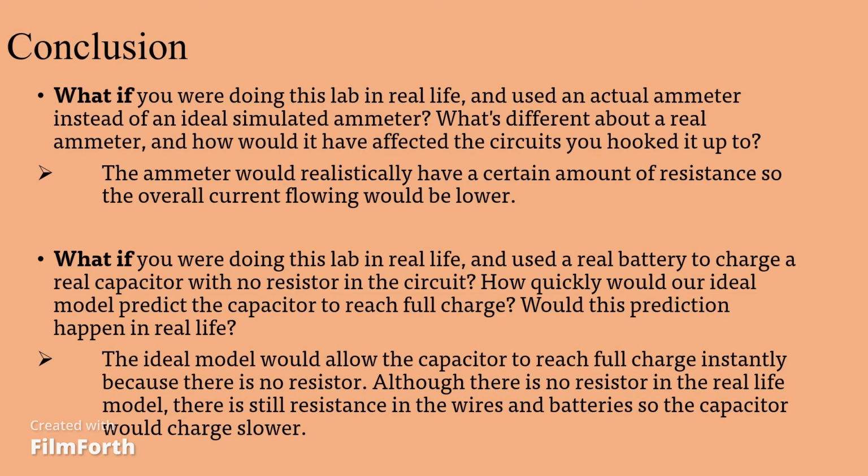What's the difference about a real ammeter, and how would it have affected the circuits you hooked it up to? Well, the ammeter in this lab was ideal, so it didn't have any resistance, so it didn't change the potential across the circuit. A real ammeter would realistically have a certain amount of resistance, so the overall current flowing would be lower.